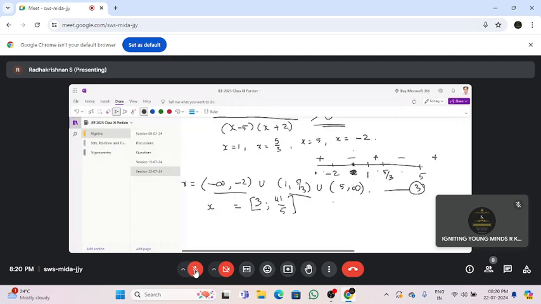So that means it will be 5, 41 by 5. This is the value of x that satisfies both the conditions, and this is the domain for x. Okay, 5, 41 by 5.